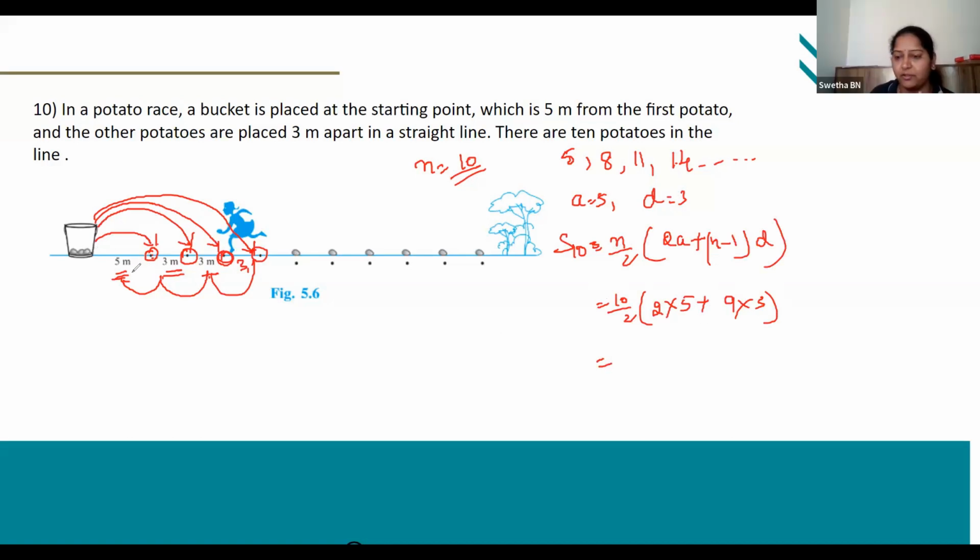See, for the first potato, she has to run 5 meters. For the second potato, she has to run 5 plus 3, no? 5 plus 3 is 8. For the third potato, she has to run from here to here, 5 plus 3 plus 3, right?